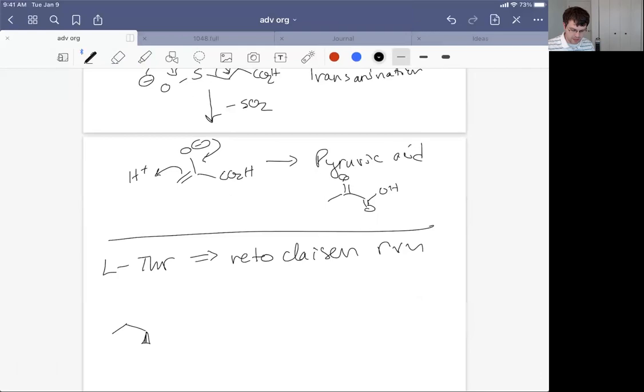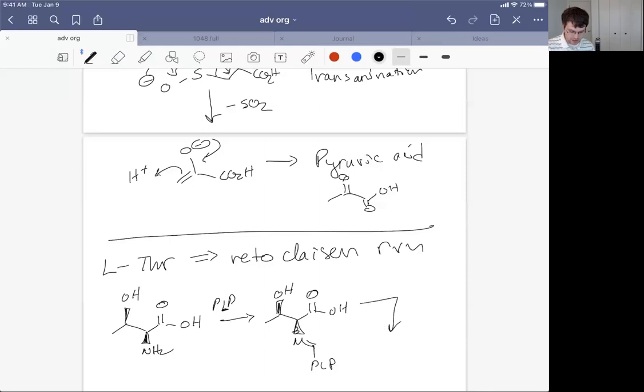So in the Retroaldol reaction, we take threonine, which is a beta hydroxy amino acid like serine, except that the gamma position also is present with the methyl group. What we're going to do is adduct that with PLP to form our PLP imine, an external aldimine within a PLP-dependent enzyme.